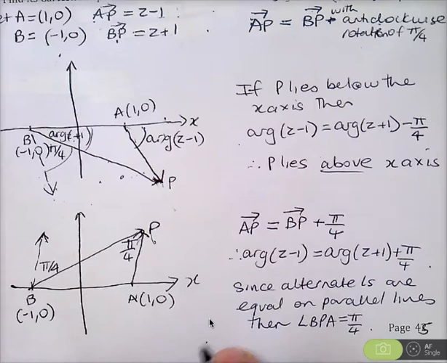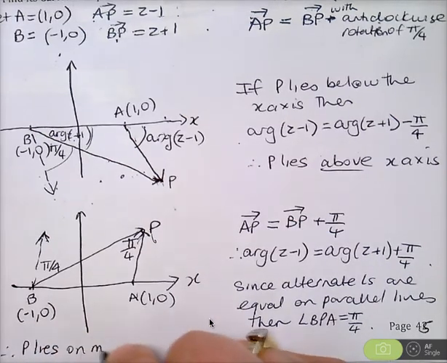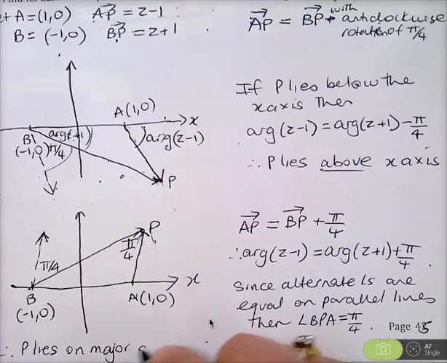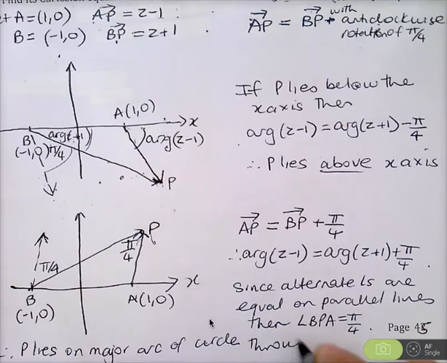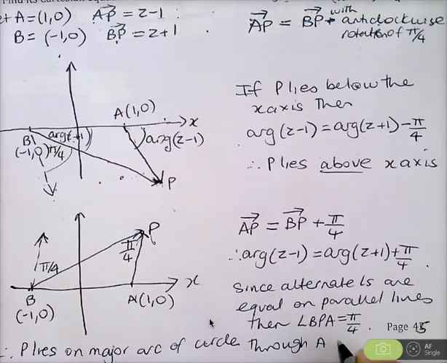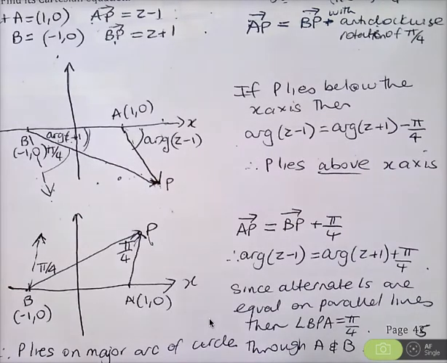So therefore, P, you're going to ask me now why, lies on the major arc of the circle, just wait, I'll explain it in a minute, through A and B. Major arc AB. Oh, no. I don't think... oh yeah, are A and B on the circle?